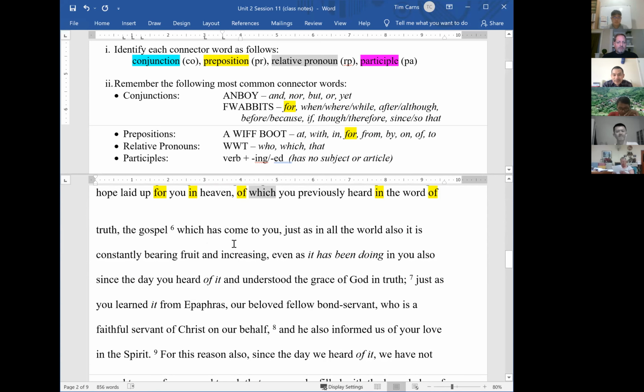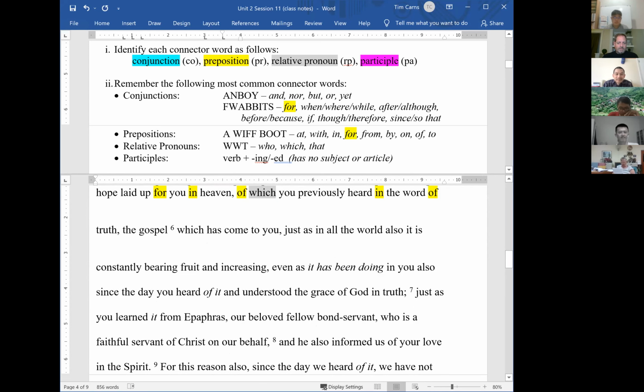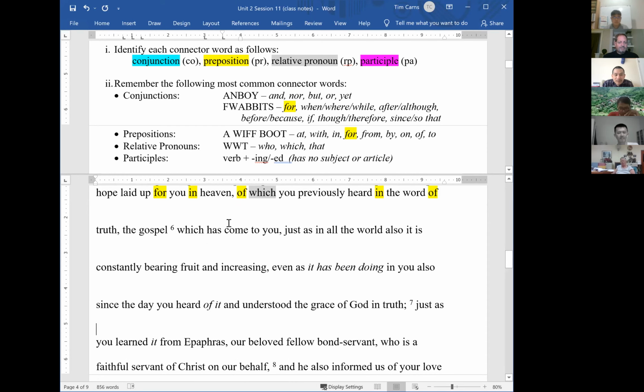All right, Zali, good job. Can you do one more, verse 6 for us? "Which has come to you, just as in all the world also it is constantly bearing fruit and increasing, even as it has been doing in you also since the day you heard of it and understood the grace of God in truth." Which is a relative pronoun.